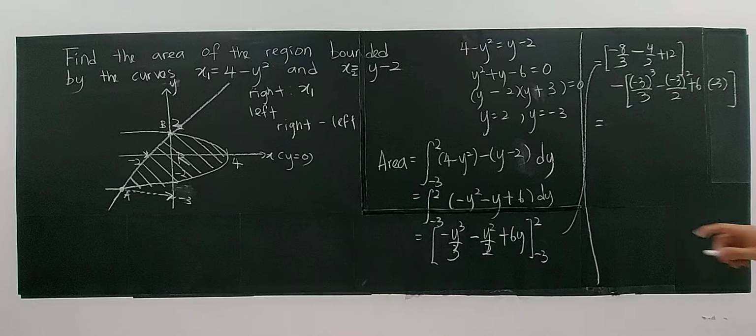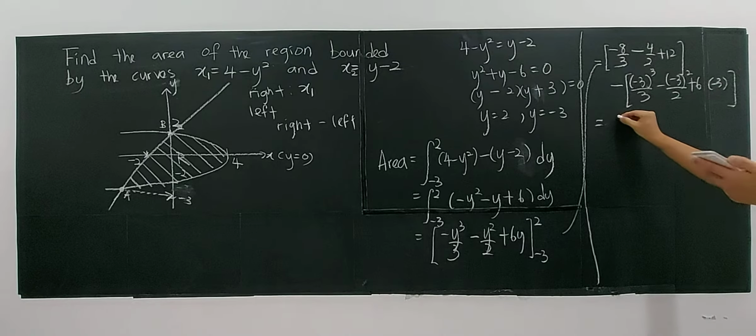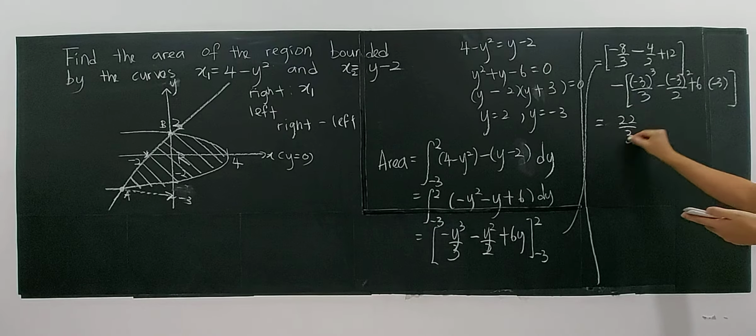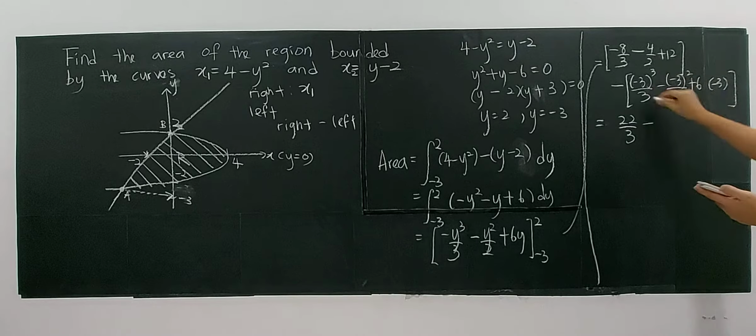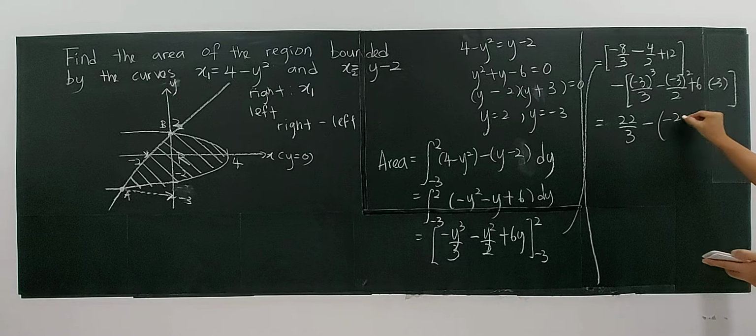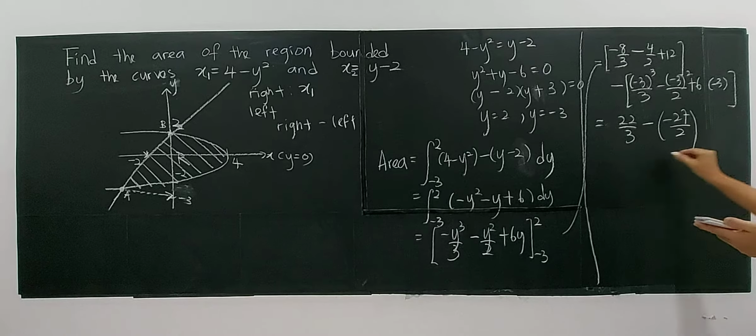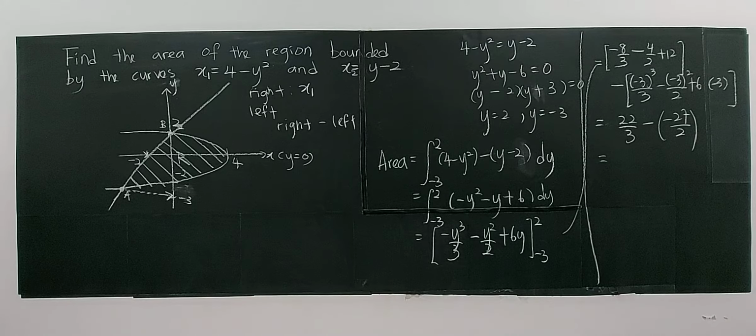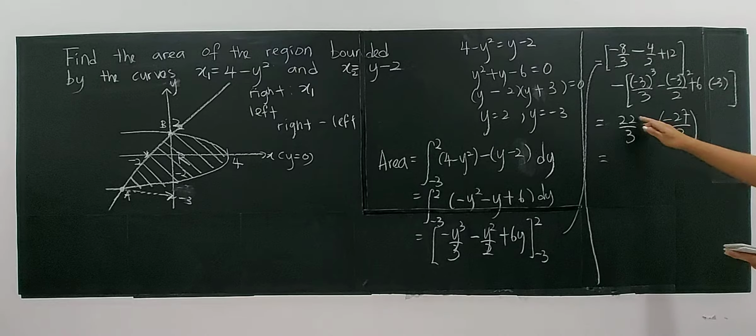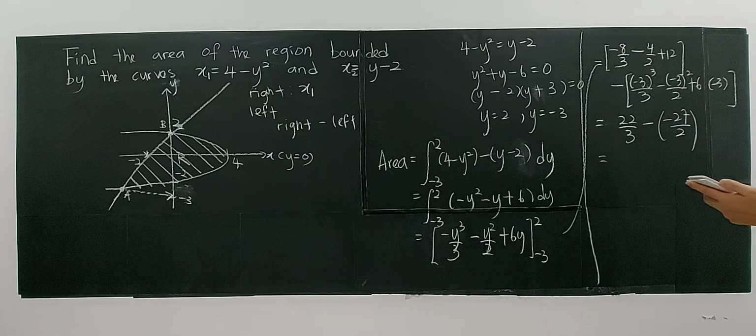Alright, for the first part here, I will get 22 over 3. And for the second part here, I will get negative 27 over 2, which gives me 22 over 3 plus 27 over 2.